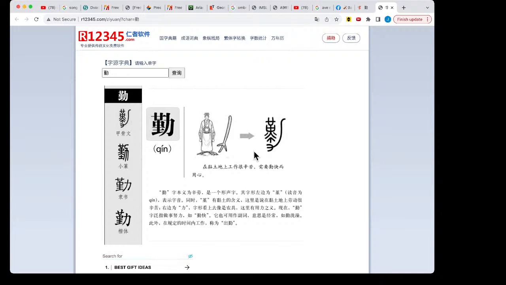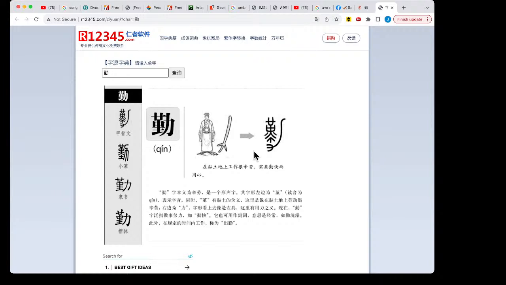勤, the original meaning is 粘土. 粘土 is clay, the dirt. With those clays, adding water, you can shape them into forms, right? But this clay is not fit for growing crops. It's difficult to grow crops.